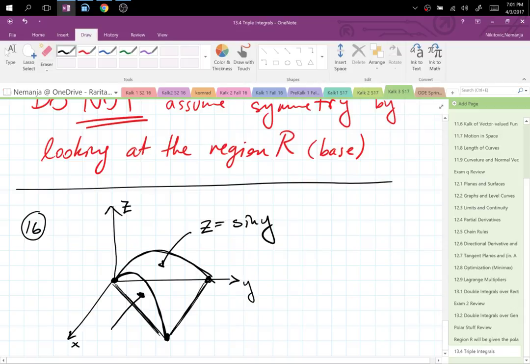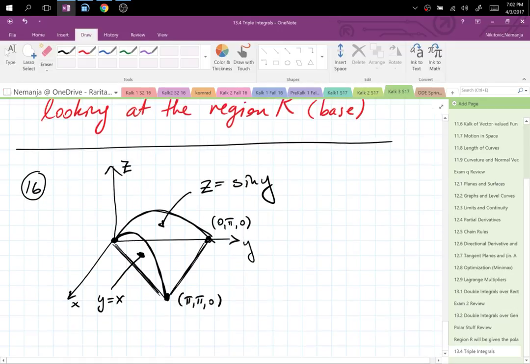And this face over here is y equals x. And this point over here is (pi, 0), and this point over here is (0, pi, 0). So try to set up this monstrosity.